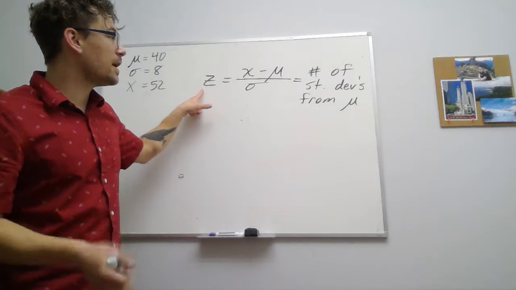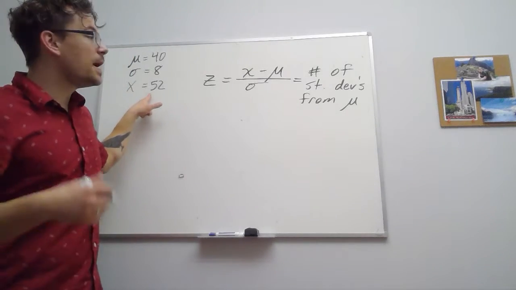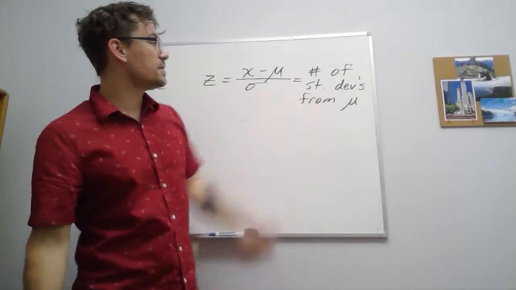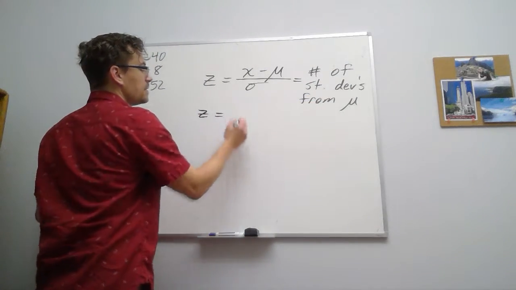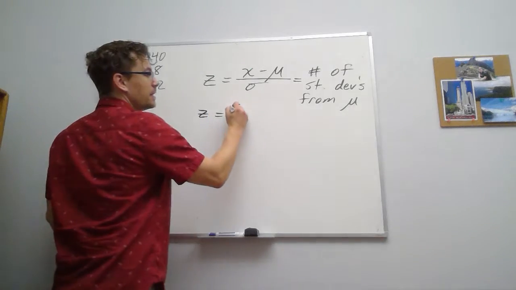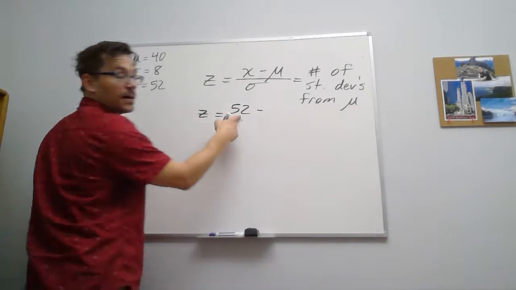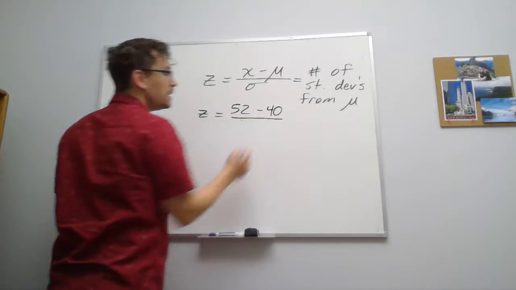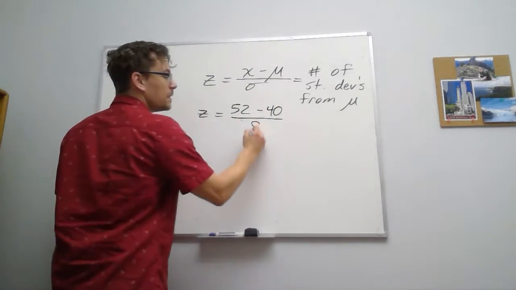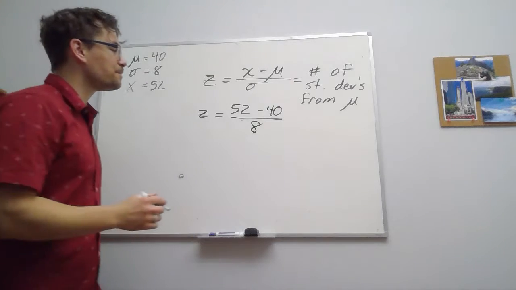So we're just saying, okay, our observation 52, how many standard deviations is it away from the mean? So we'll find a z-score. We just plug in our various pieces. 52 is our observation, 40 is our mean, and 8 is our standard deviation.